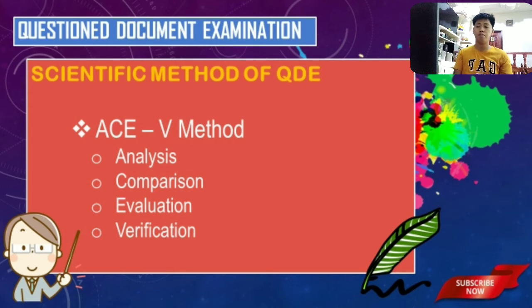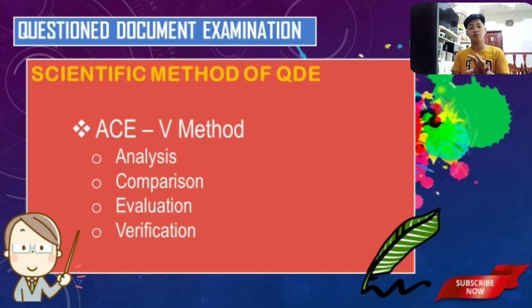You need to verify based on the existing rules on question document examination. If you could make a second opinion, maybe if you could consult another expert in the field just to verify whether your conclusion is correct or wrong, then you could do so.